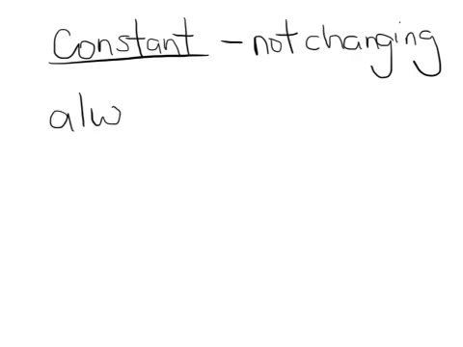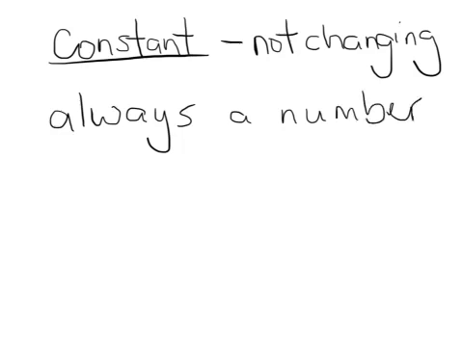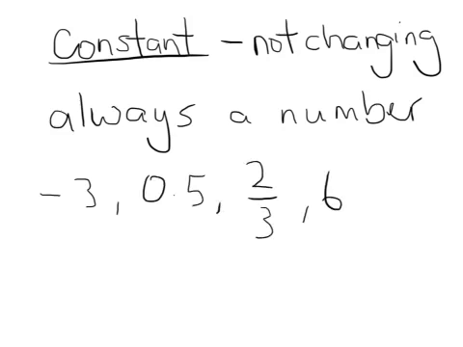Always a number. Any number, a fraction, a decimal, a negative: minus 3, 0.5, 2/3, 68. They're all constants. They are unchanging. Their value is what it is.